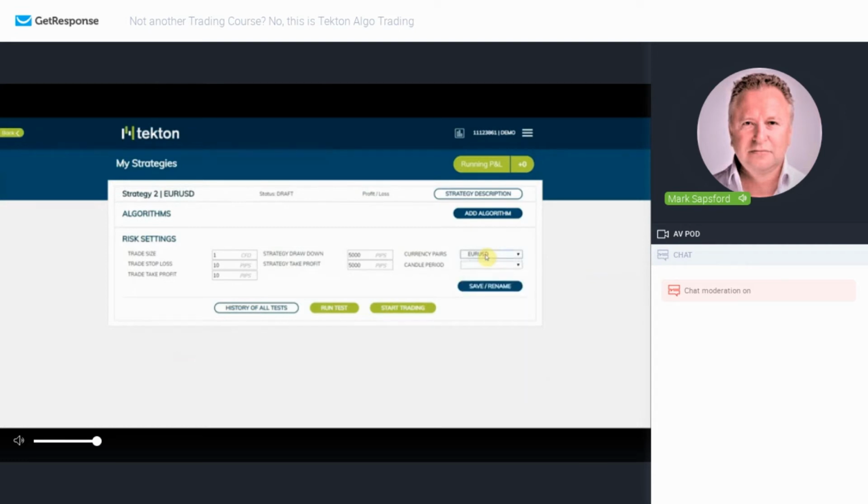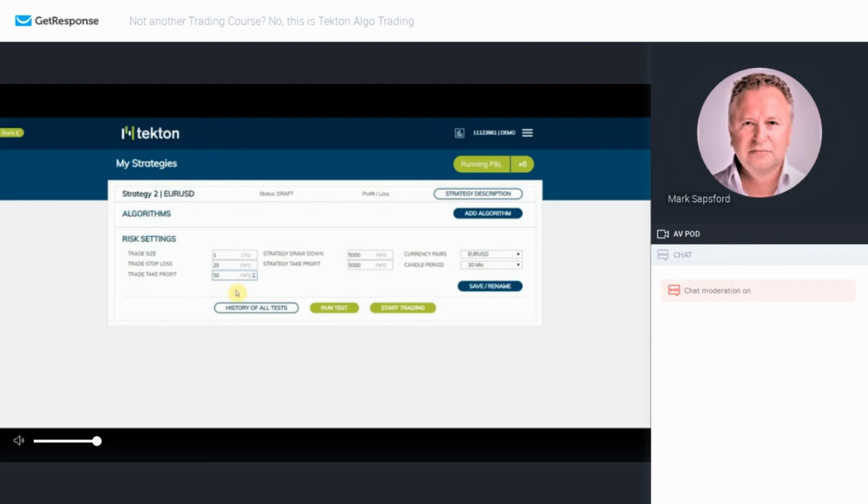We are going to use euro dollar, and we're going to use the 30-minute time frame. And we simply just drop down the menu there. It's very simple. We're going to put our stop loss and take profit in. Now, as I said to you, this is completely flexible. I'm going to use 20, and I'm going to use 50 as my take profit. So it's just over 2.5 reward to risk.